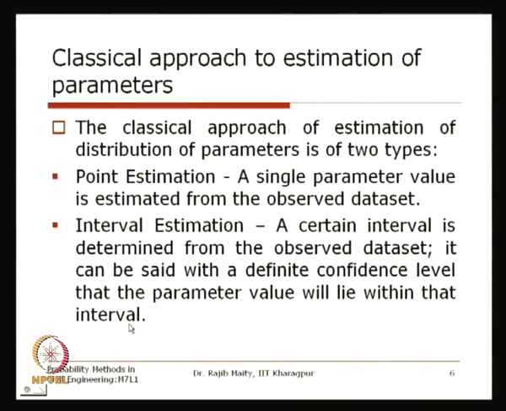Now suppose that I take two cases, one is the 95% confidence level, the other one is the 99% confidence level. Then obviously the 99% confidence level is more, so the chance of the exact parameter value lying within that interval in case of 99% confidence should be more.